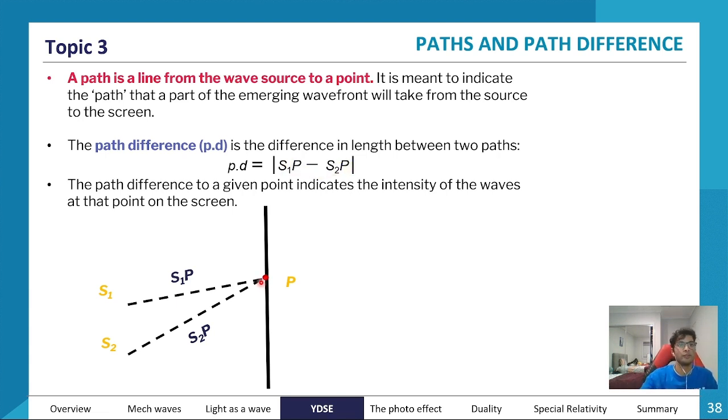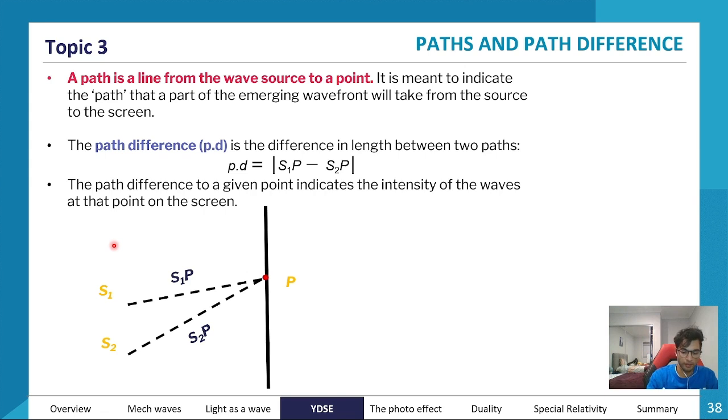S1 is the distance S1 travels, S2 is the distance S2 travels. And just looking at this graphically, S2 is obviously going to travel a longer distance than S1. And the extra distance that S2 has to travel is given by this formula. So essentially you're just subtracting distances.